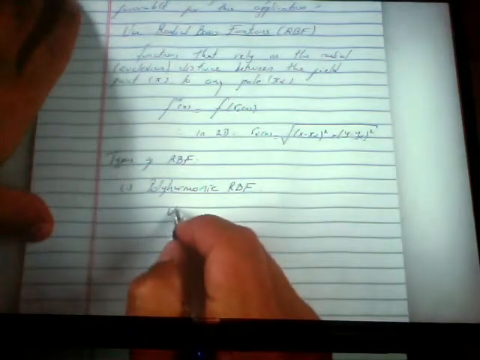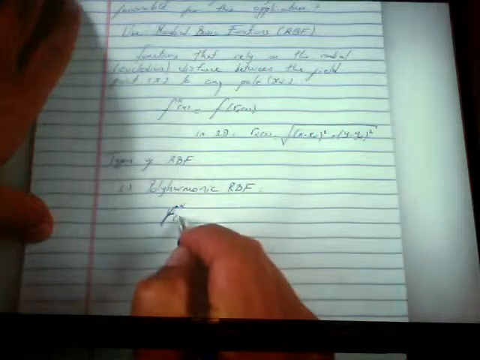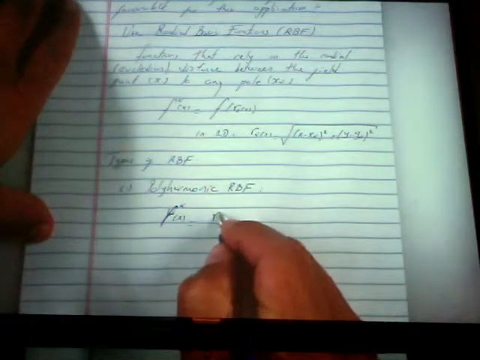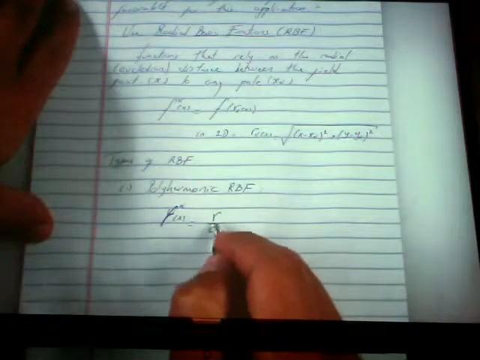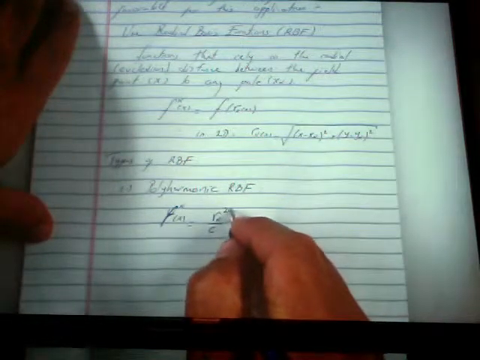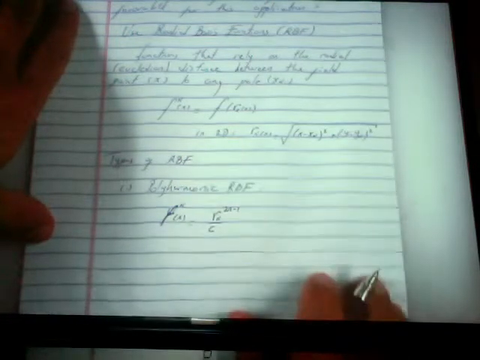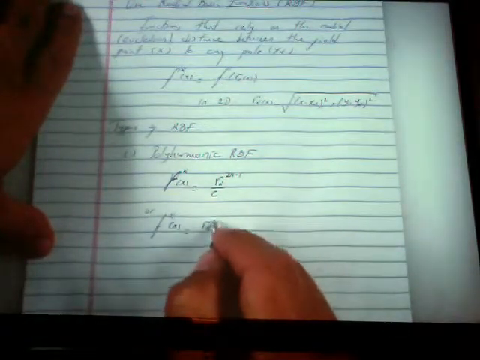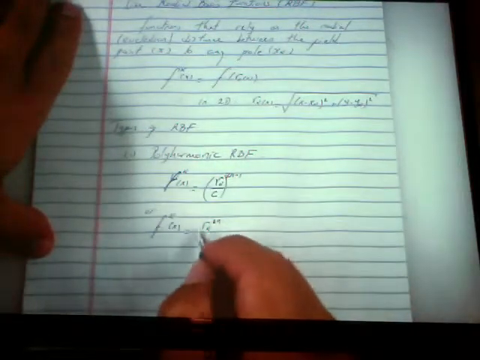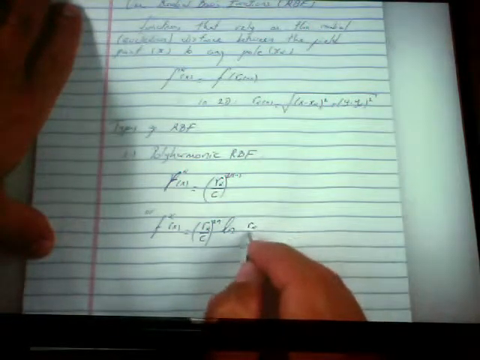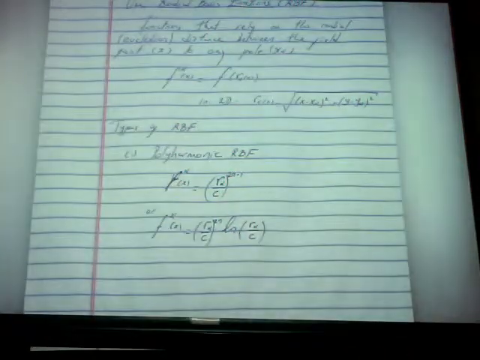The polyharmonic RBF are given by calling this fk of x equal to either rk to the power of 2n minus 1, or rk to the power of 2n, by the way, times the log of rk over c. That's called a polyharmonic spline.